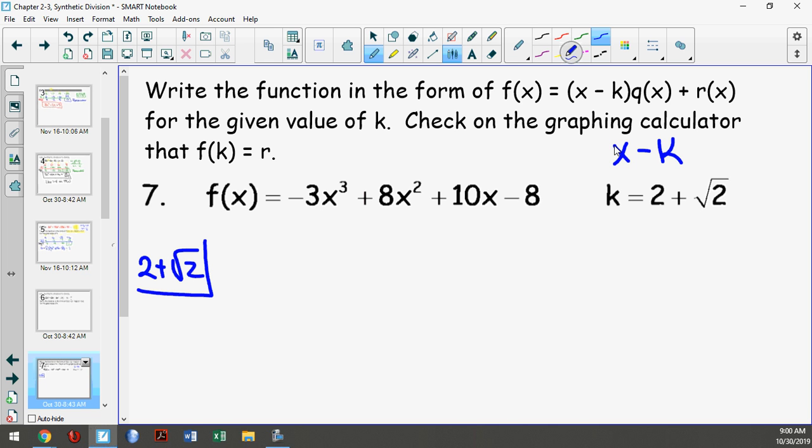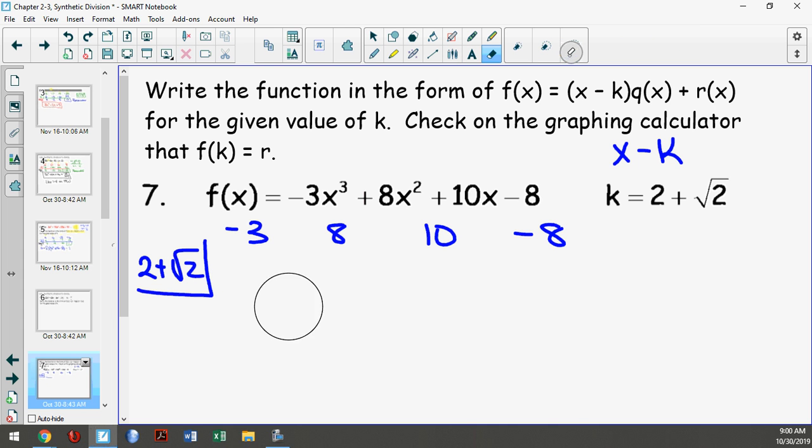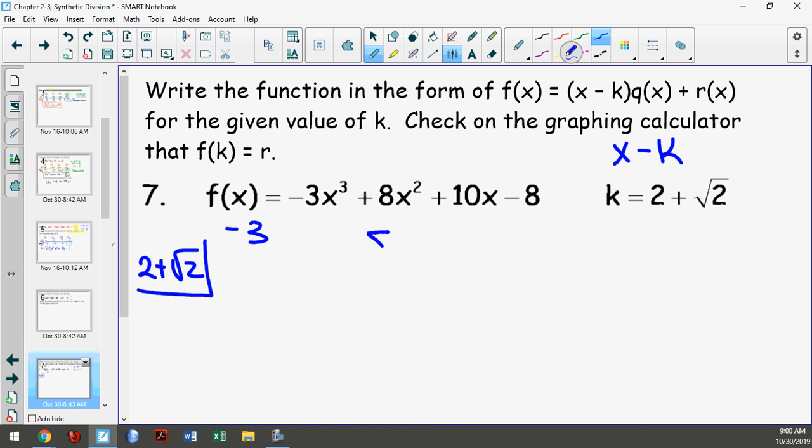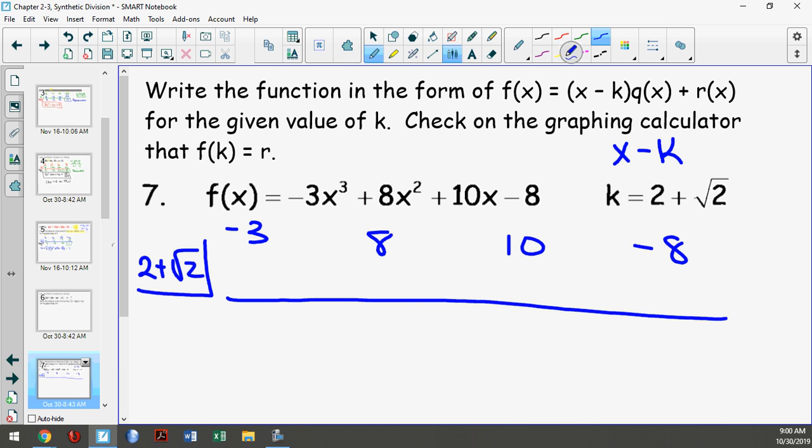I'm going to simply drop down my lovely numbers off my variables. That's negative 3x cubed plus 8x squared plus 10x minus 8. We good? Okay, now I'm actually going to spread this out a little bit further because we need a little bit more space in here because we have to have a part for a real number and an irrational number.